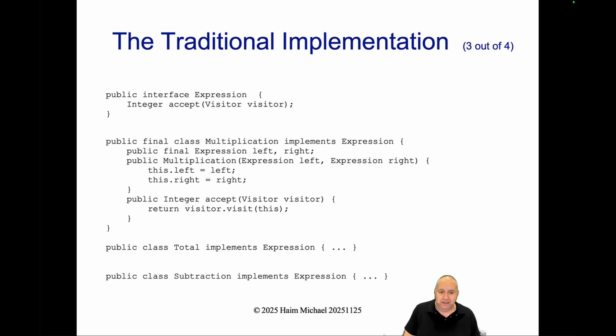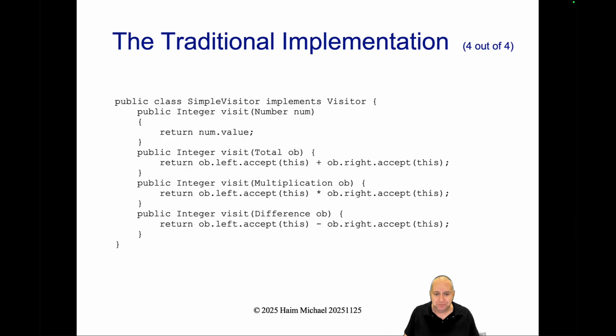Then, on the other end, in each one of those classes that implements expression, we have the accept method, so that it would be possible to invoke accept on each one of the expression objects. So here, for instance, is the implementation of visitor, and as you can see, we have separate implementations for each one of those versions of visit.